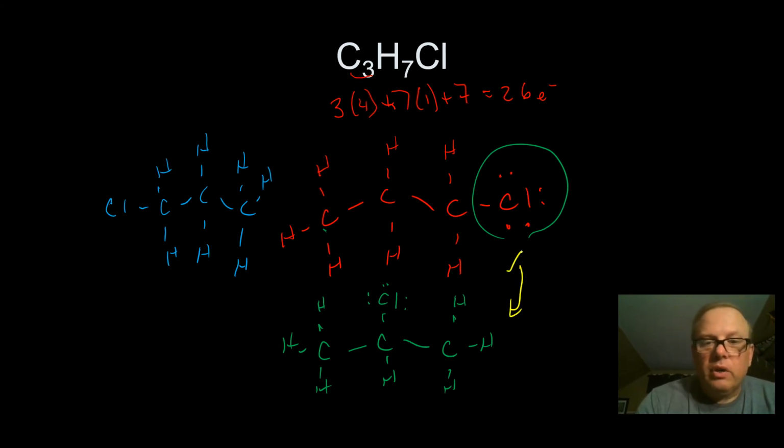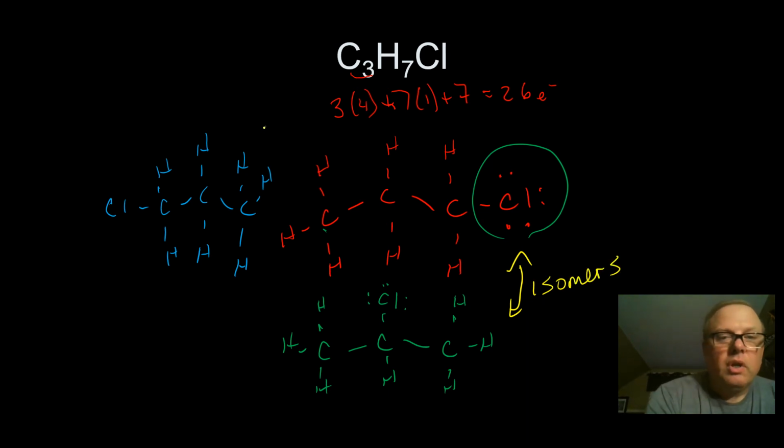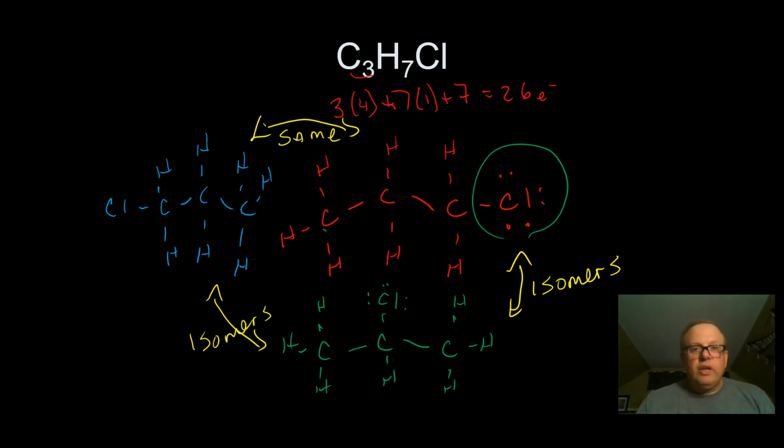These 2 here are isomers. These 2 here are actually the same. And then, of course, these 2 here would be isomers because the other 2 are the same. So you can't just flip it around. You have to change the location of something, and that is the crucial part of it here.